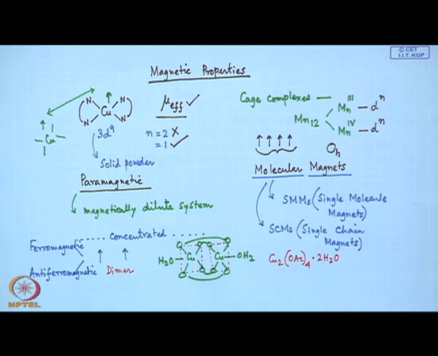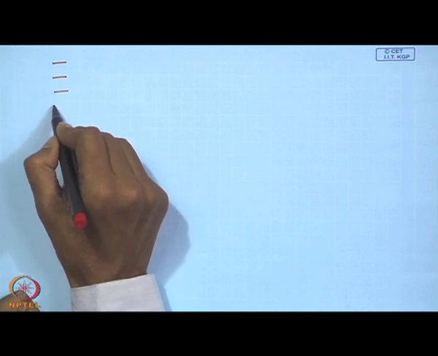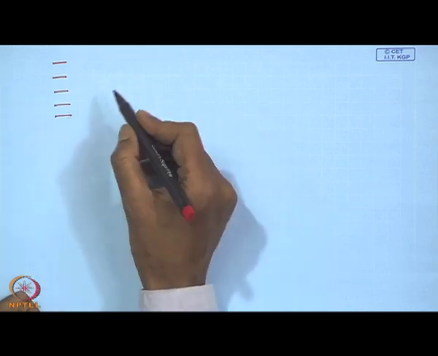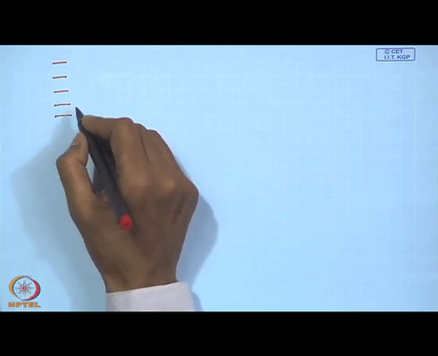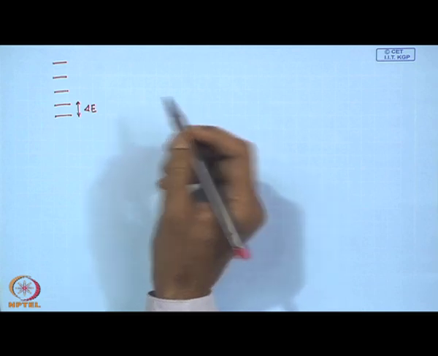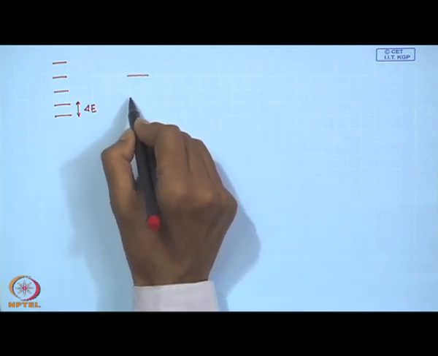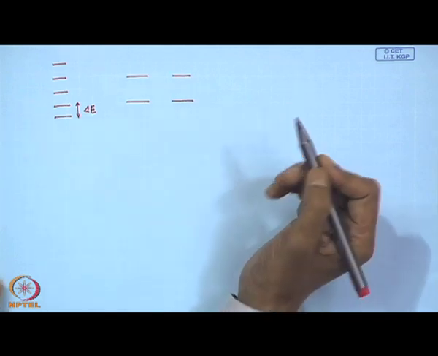So, how we can determine all these things basically depends on the different energy levels for these systems. If we can have several energy levels for a particular structure of this electron distribution, and if they are separated by some energy value, say delta E, we can have two options for these two unpaired electrons on the two copper centers.